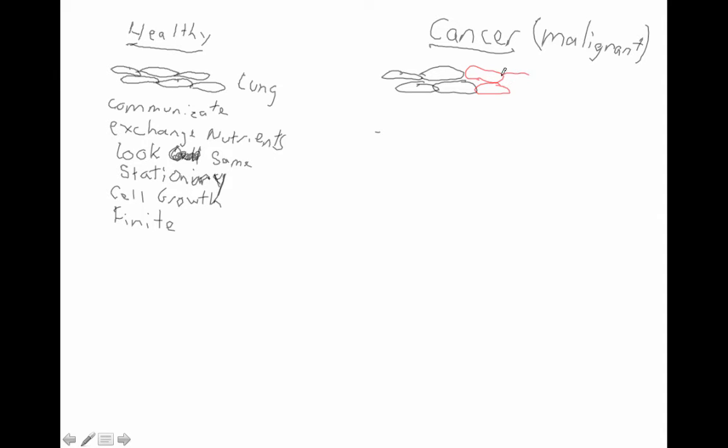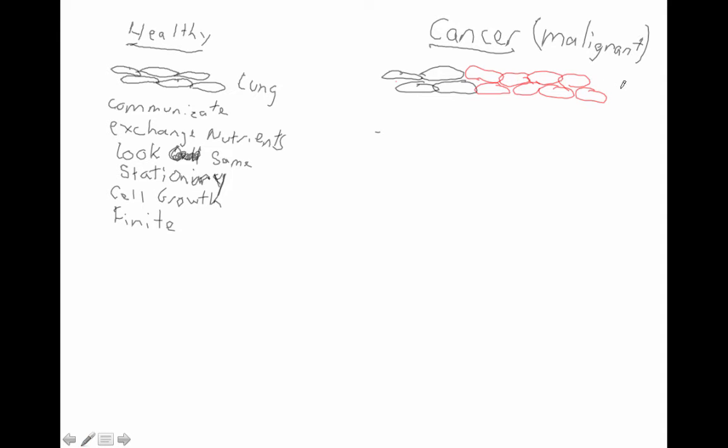Initially, they're going to look pretty similar to the other lung cells. But because their cell cycle has just lost some of its control, probably because of a tumor suppressor gene mutation or an oncogene mutation, they begin to grow faster than the healthy cells, the ones that are in black.